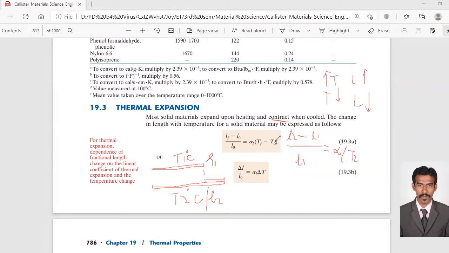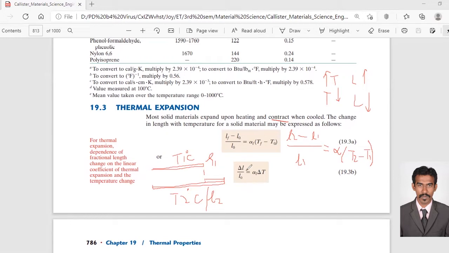TO means initial temperature, which here is T1. So (L2 minus L1) upon L1 is equal to alpha into (T2 minus T1). This drawing indicates how it is actually happening.